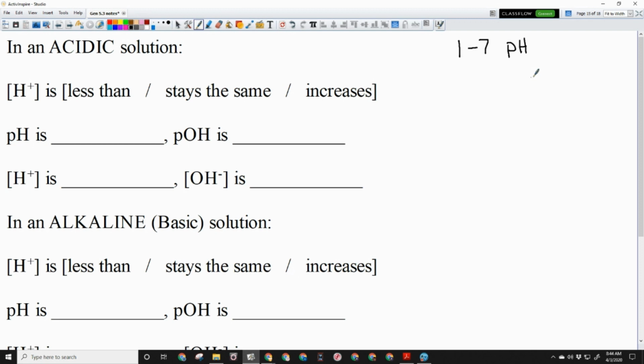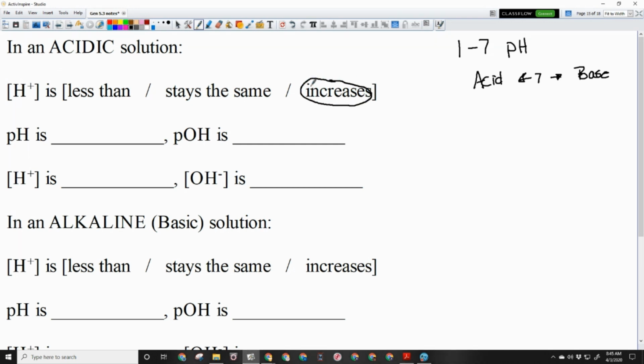Now remember, away from 7 this way is a base, and away from 7 this way is an acid. The stronger the acid, the lower the number, the more hydrogen ion concentration you have.